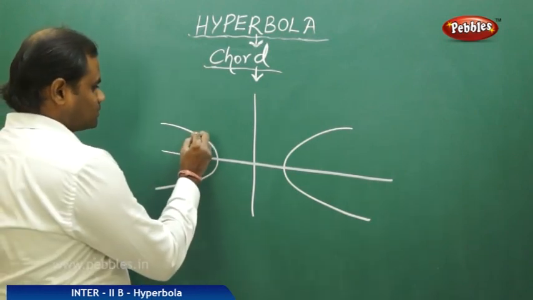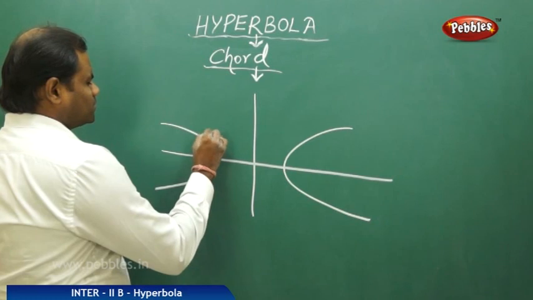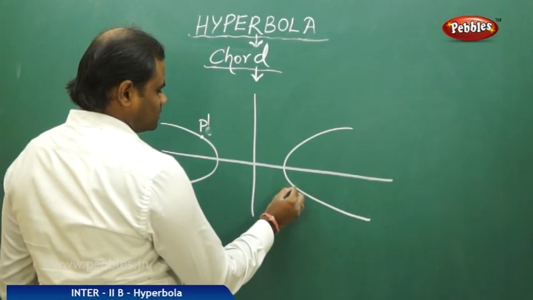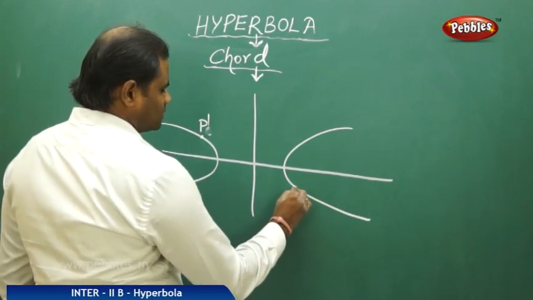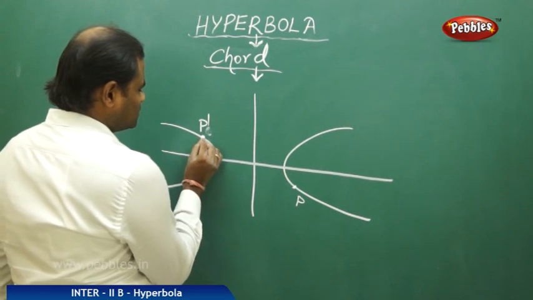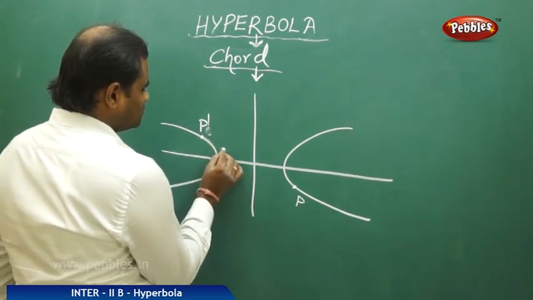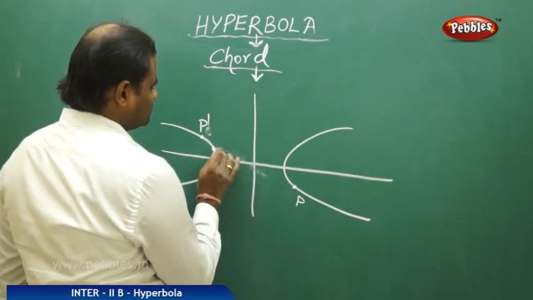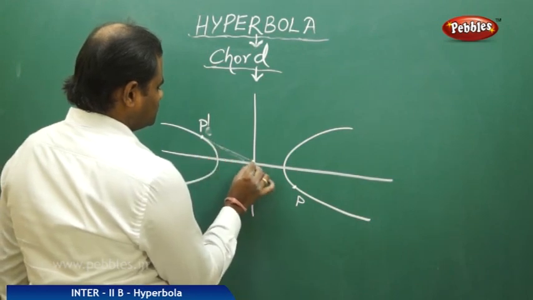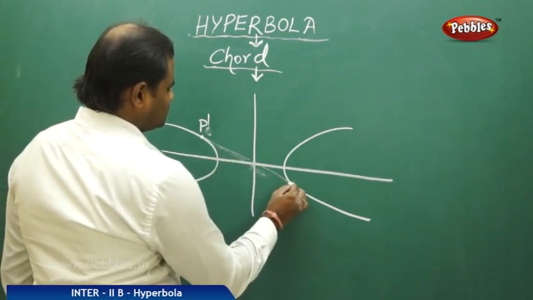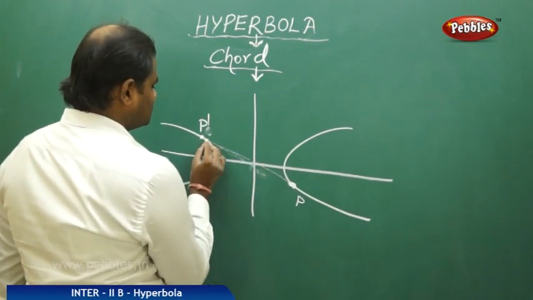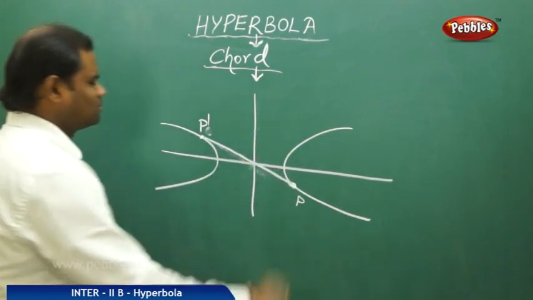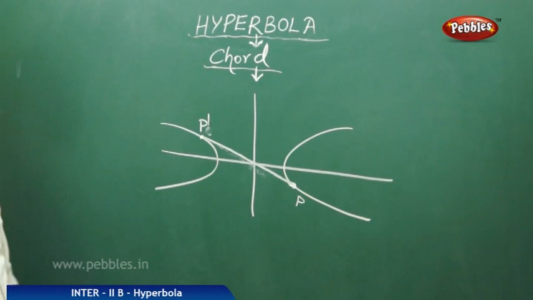Suppose I take a point P dash out here and a point P out here. So this is one of the chords, PP dash.